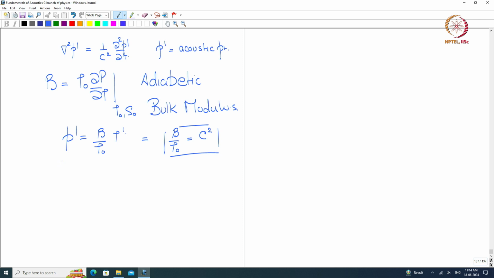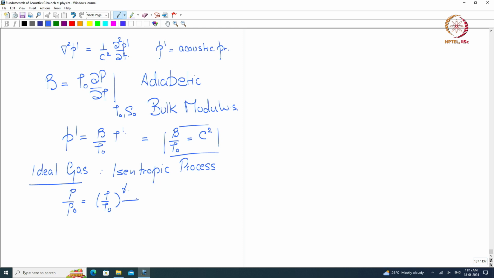Now for the ideal gas, the isentropic process is P by P0 is equal to rho by rho 0 to the power gamma. Okay.